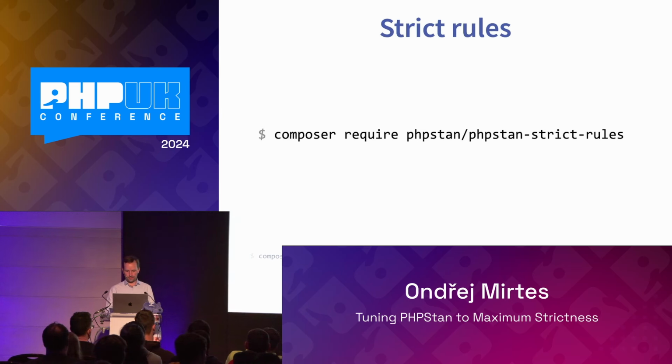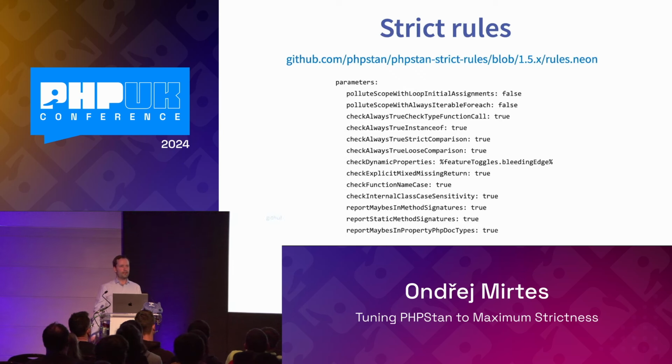One point of this package is that it just enables some configuration options that are already present in PHPStan, but are turned off by default, or are set to the less strict variant by default, but strict rules turn them on.